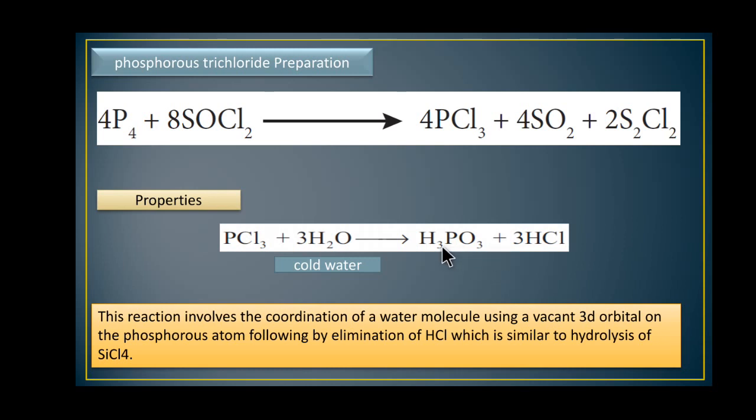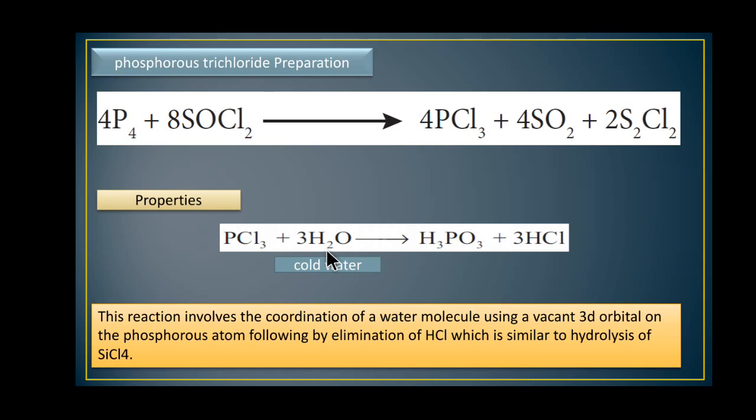So the molecular formula H3PO3 and it gives excess HCl. Is it clear? So number of chlorine 3, so 3 moles of HCl, and hydrogen 3, 3, 6, so 3 moles of water. So the equation is balanced.